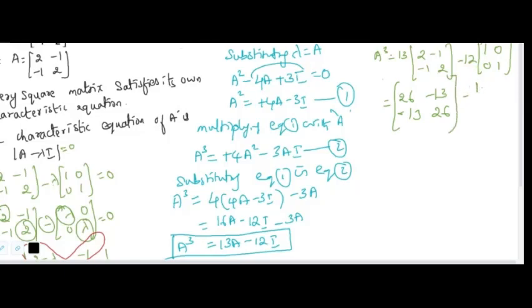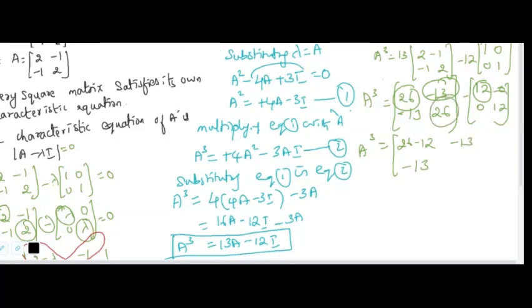So here 12 into 1 is 12, 0, 0, 12. So A cube will be 26 minus 12, 13 minus 0 is 13, then 13, 26 minus 12. So A cube will be [14 -13; -13 14].